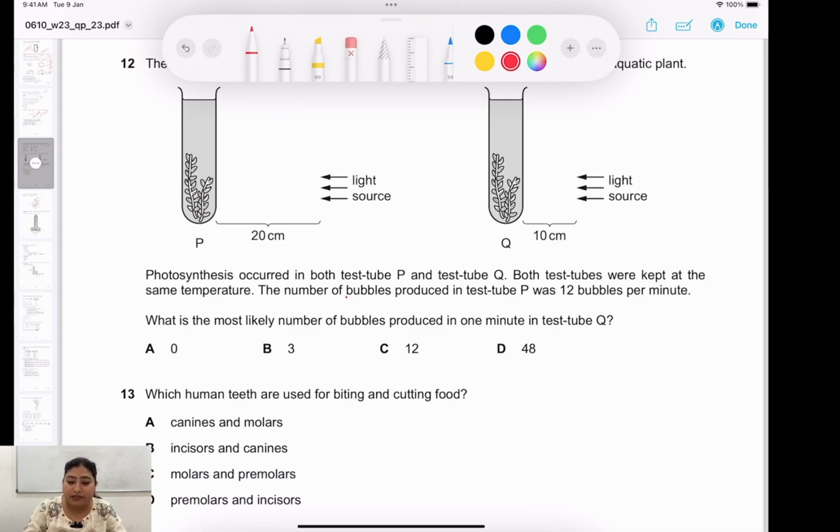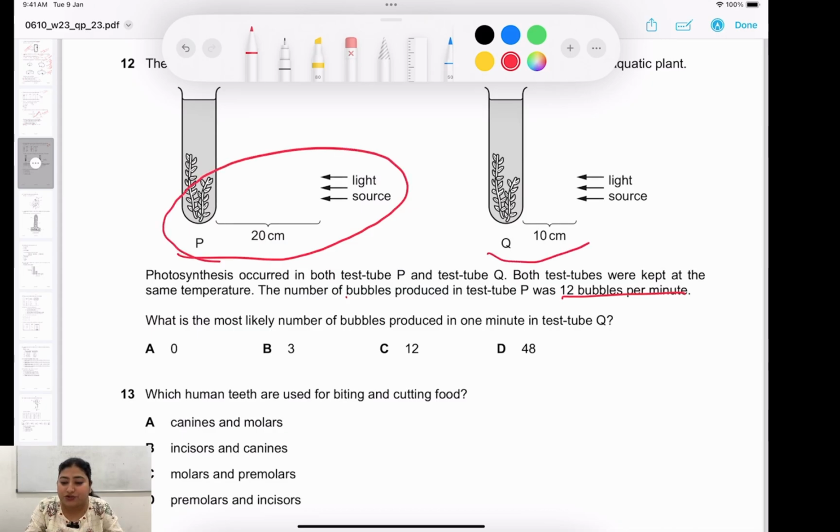The number of bubbles produced in test tube P was 12 bubbles per minute. Test tube P is kept at 20 centimeters, and test tube Q is kept at 10 centimeters.